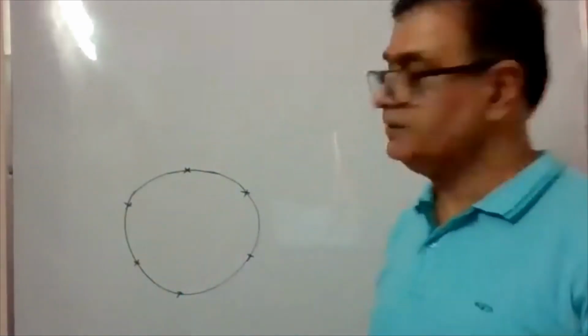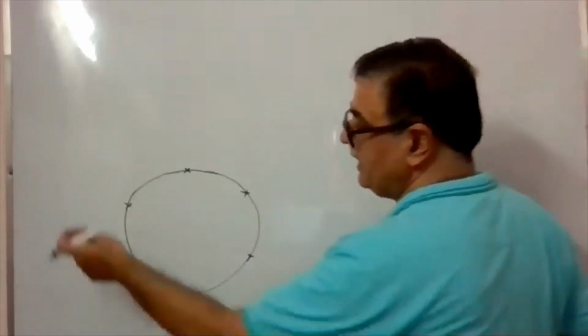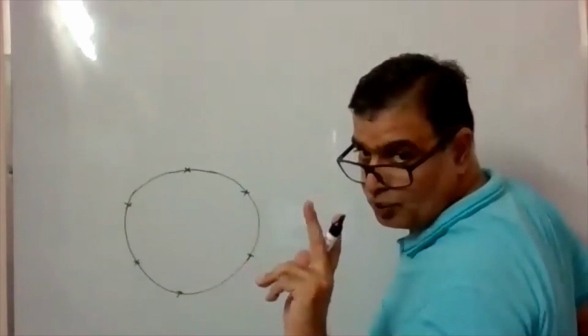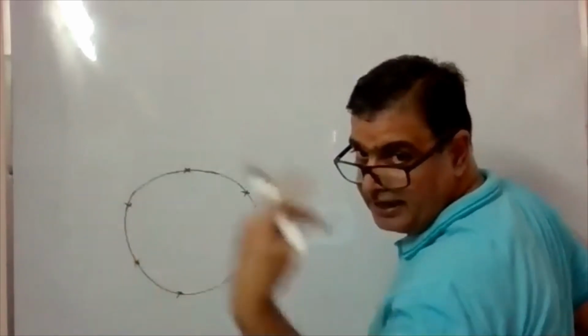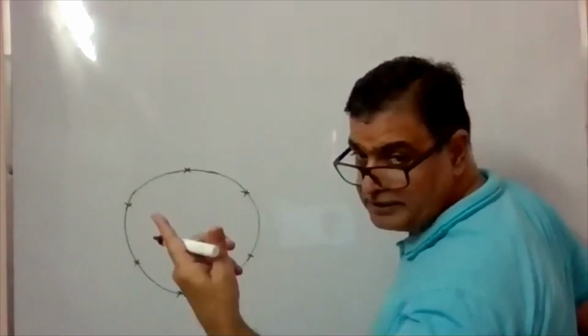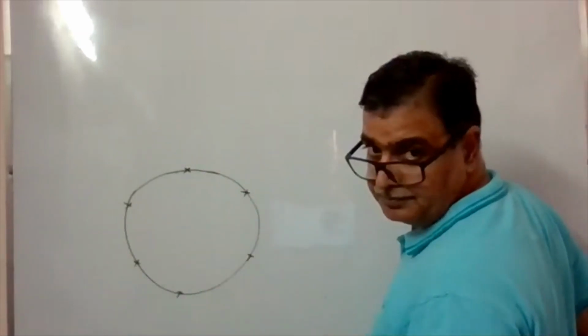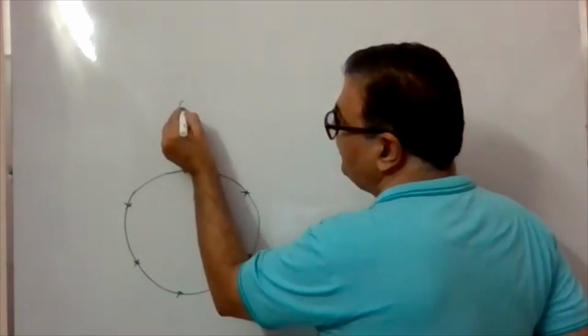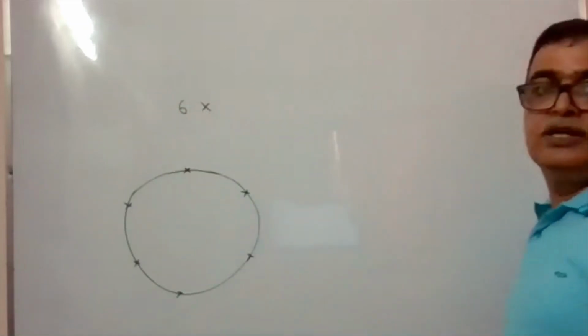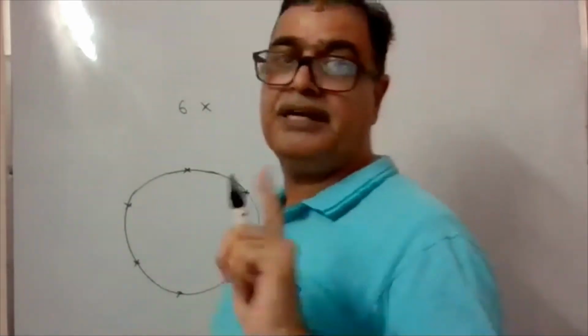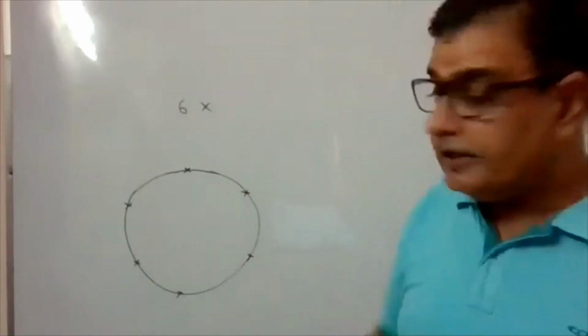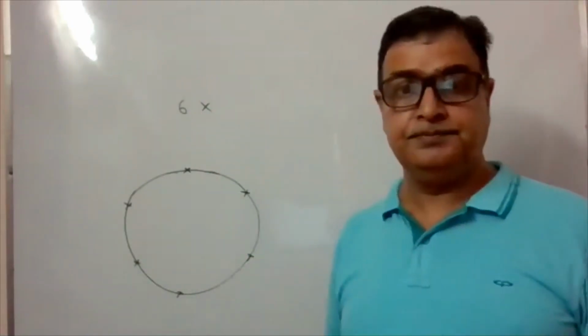6 ways. When a person enters, 2 procedures he has to do. He has to go inside and then come out. When you go inside, how many options are with him? 6. That means one part of the job is to get inside, that will be done in 6 ways. Then he will be coming out.